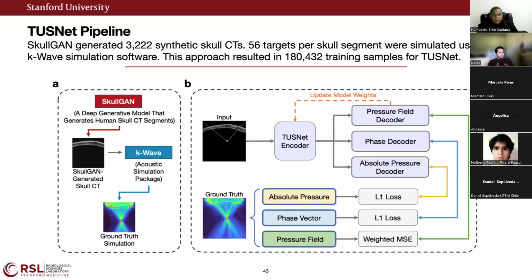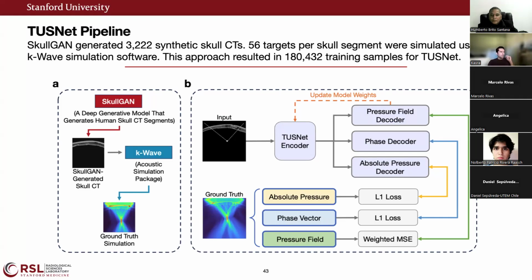So now that we have trained SkullGAN, and we were able to generate essentially indefinite number of, or infinite number of skull CTs, we were ready to go ahead and train TUSNet. What we did, we used SkullGAN. I'm talking about the panel A. We generated 3,222 synthetic skulls. I mentioned infinite. We could have generated infinite numbers, but we just didn't have the computational resources to handle that many.